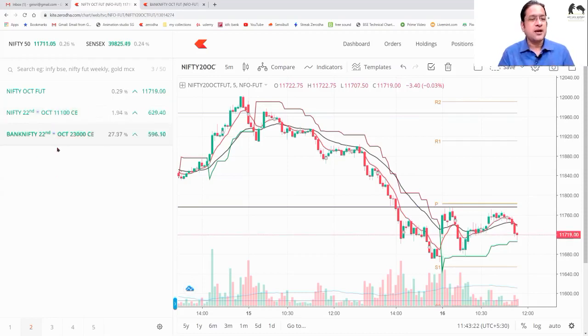Here, for example's sake, I have given 2 examples. Nifty 22nd, that is, it's closing on 22nd October, Thursday, and Bank Nifty 22nd October, Thursday, it's closing. Currently, when I look at the strike price, we will be covering strike price when we are covering the options. Currently, these 2 are the 2 options I've just added from Nifty and Bank Nifty. So further, we will take it in the next step.